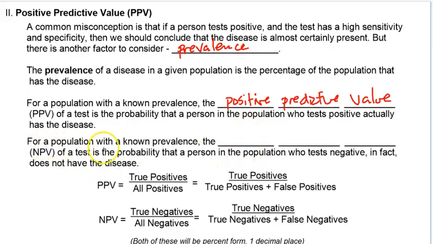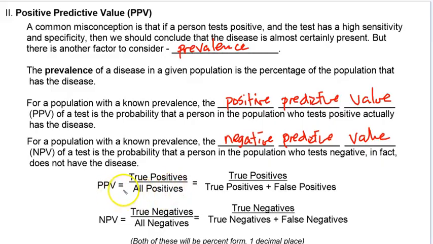And then the flip side of that, for a population with a known prevalence, the negative predictive value, or NPV, of a test is the probability that a person in a population who tests negative actually does not have the disease. So you can see our calculation is a little bit different. For PPV, we're going to do true positives over all positives.